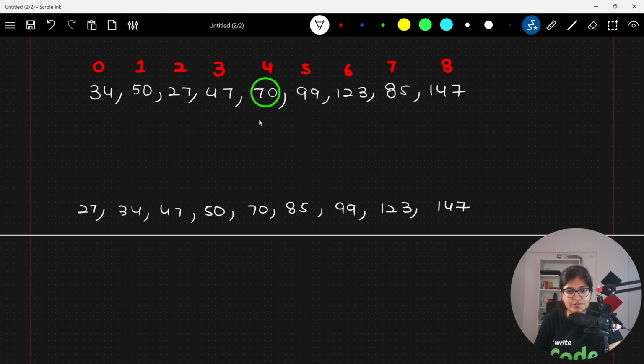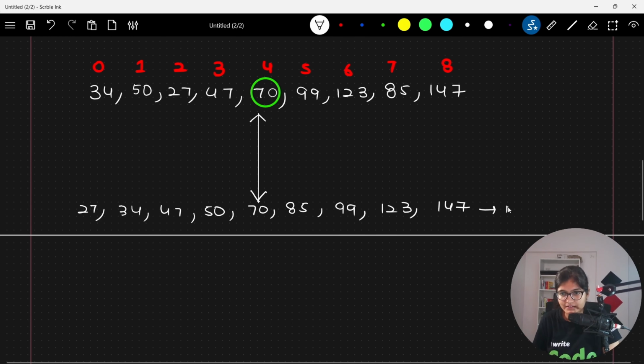Here if you observe one thing, at every iteration, whatever your pivot element is, it reaches its own proper position. This is the final sorted array, which you will get at the end of your result.